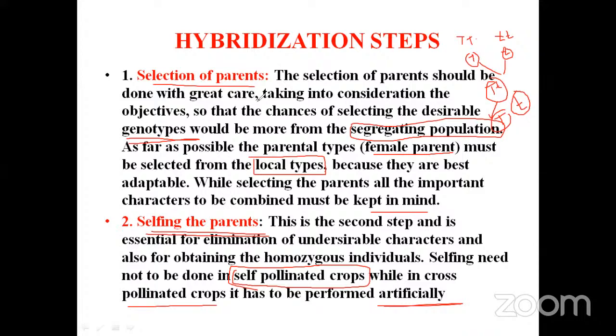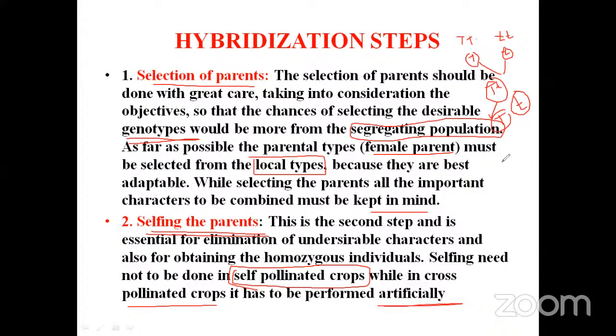So in the second step, after selecting the two parents, which are two different genotypes, most probably there is no chance of self-pollination. They are mostly cross-pollinated. But do you want to get the desirable character more without changing?